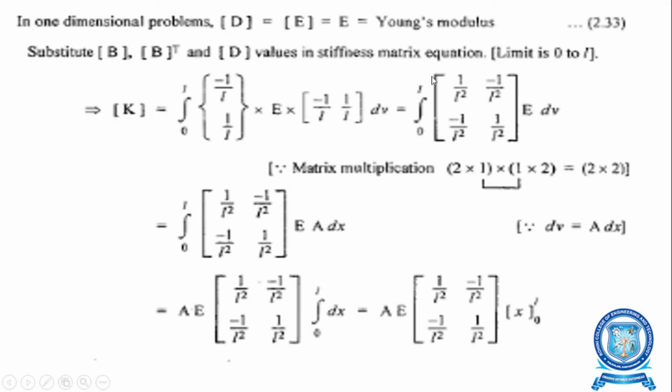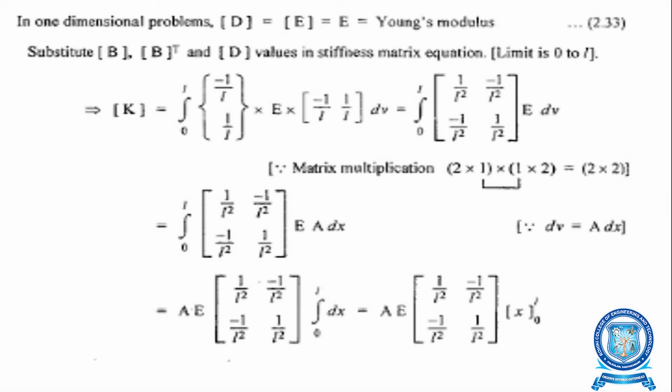So integral 0 to L of the matrix 1 by L squared, minus 1 by L squared, minus 1 by L squared, 1 by L squared, into E into dV, which is equal to integral 0 to L of the same matrix into E into A dx.